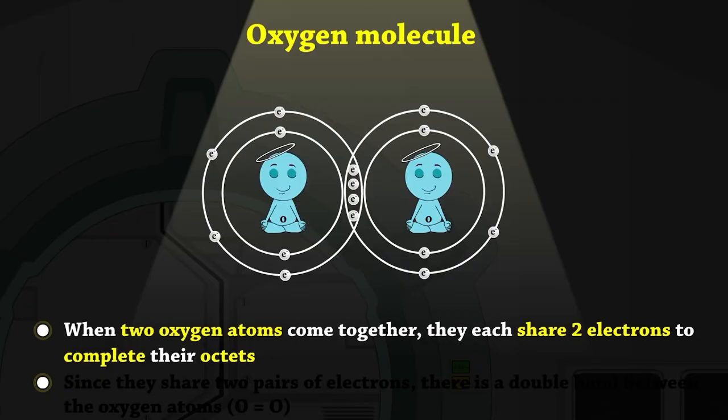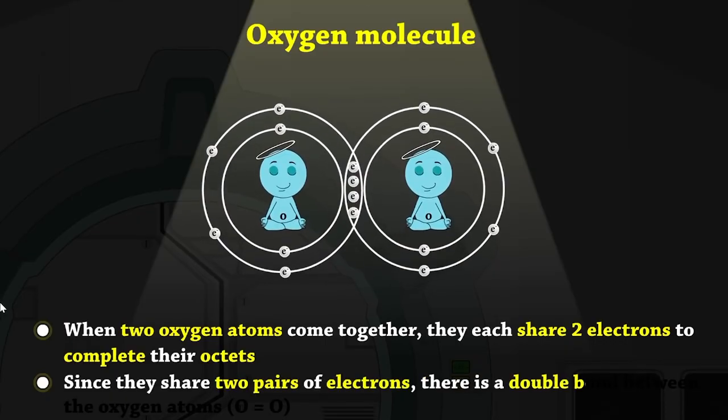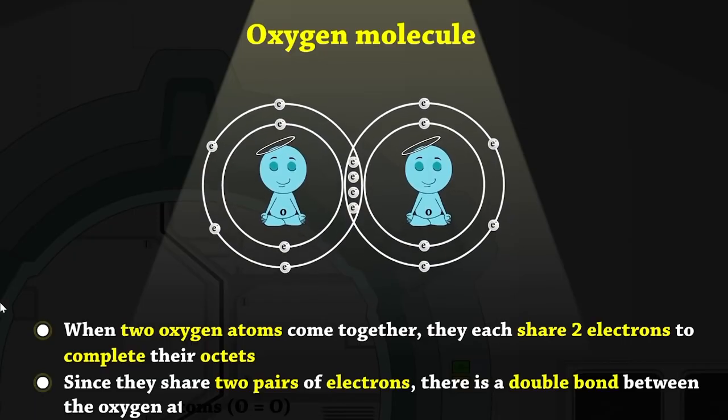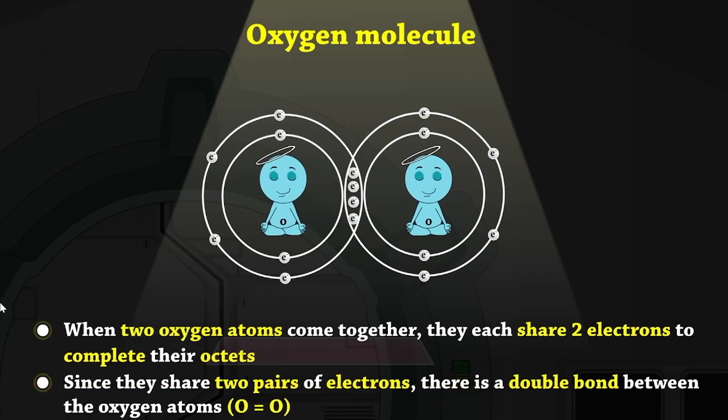They each share 2 electrons, meaning 4 in total, to complete their octet. Since they share 2 pairs of electrons, there is a double bond between the oxygen atoms. And if a single bond is shown by 1 line, how are we going to show a double bond? 2 lines. Each line represents a pair of electrons.